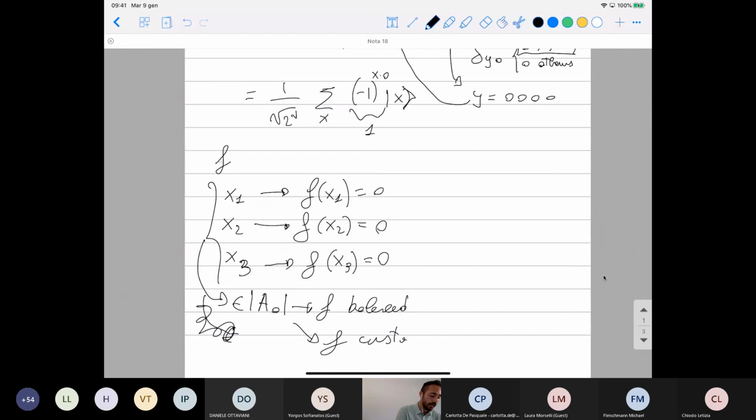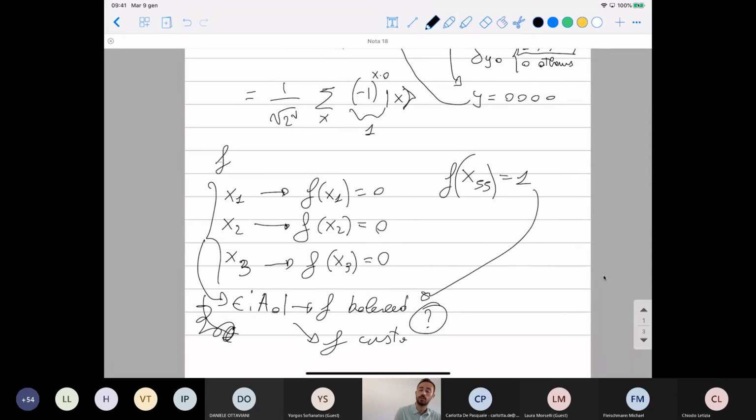You're left with this question until you get the first 1. If f of x of 55, I don't know, is 1, then you know it is balanced.